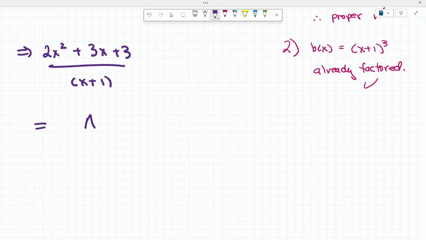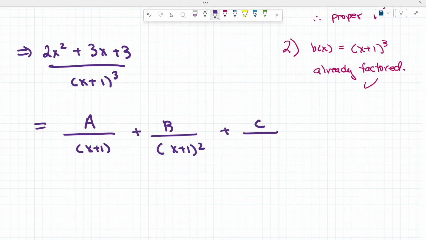So we're going to have A over x plus 1. Oops, sorry, this should be cubed. And then plus B over x plus 1 squared, and then plus C over x plus 1 cubed. What we're essentially trying to do is solve for A, B, and C.